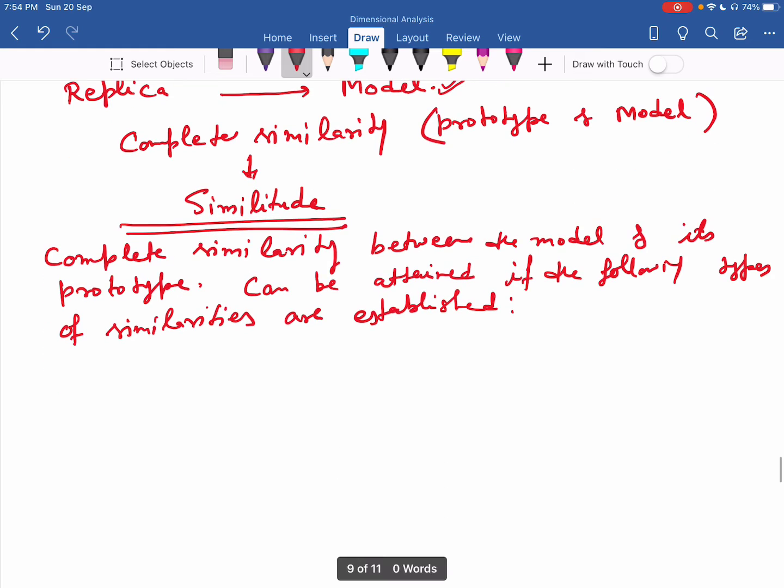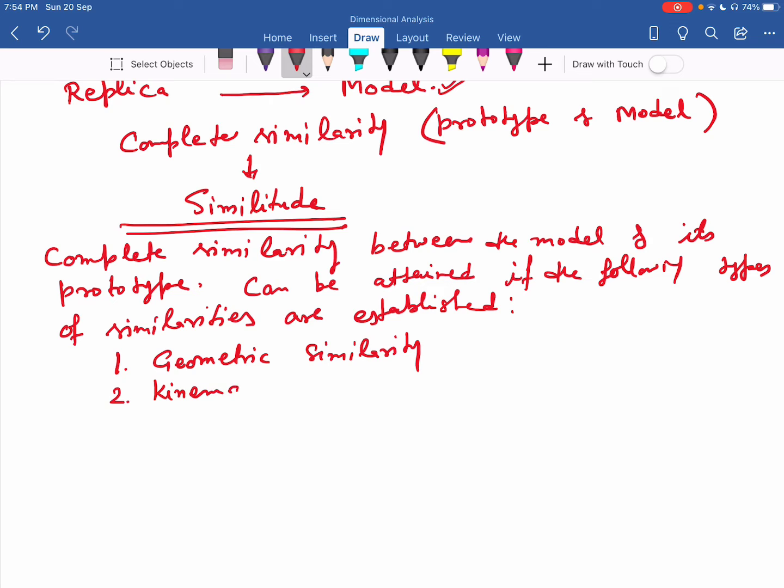Number one, the geometric similarity. The second one is kinematic similarity, and the third one is dynamic similarity. If we have established these three types of similarities between the model and the prototype, then we can say there is a complete similarity between them. So that is the similitude.